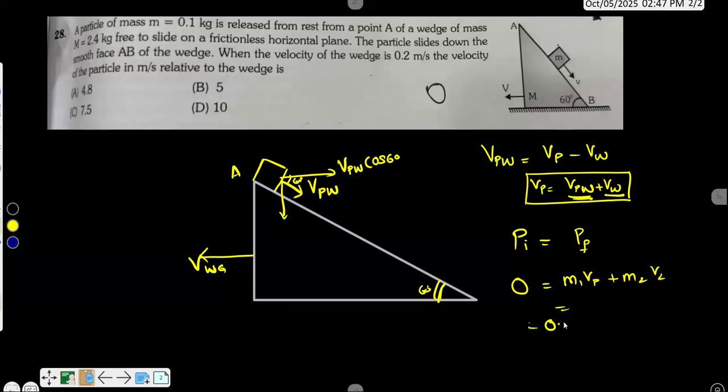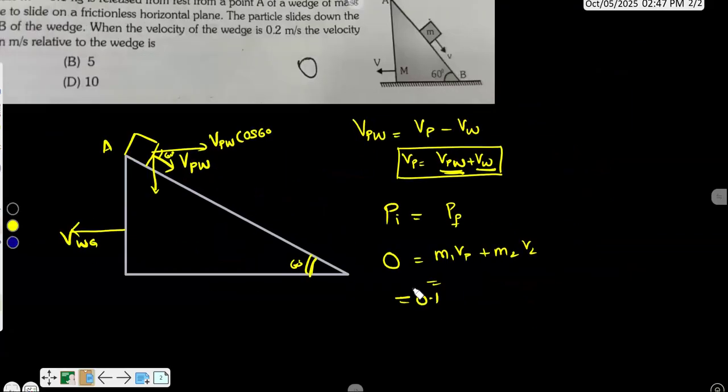So m1 I can write as 0.1. m1 is 0.1 kg, and in the place of velocity of particle, I can write velocity of particle with respect to wedge cos 60, which is velocity of particle with respect to wedge divided by 2, and velocity of wedge is minus 0.2, plus m2 is 2.4 kg.